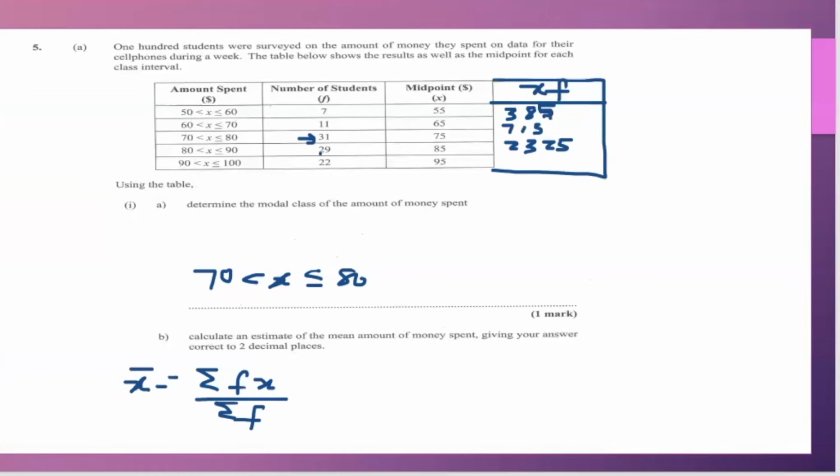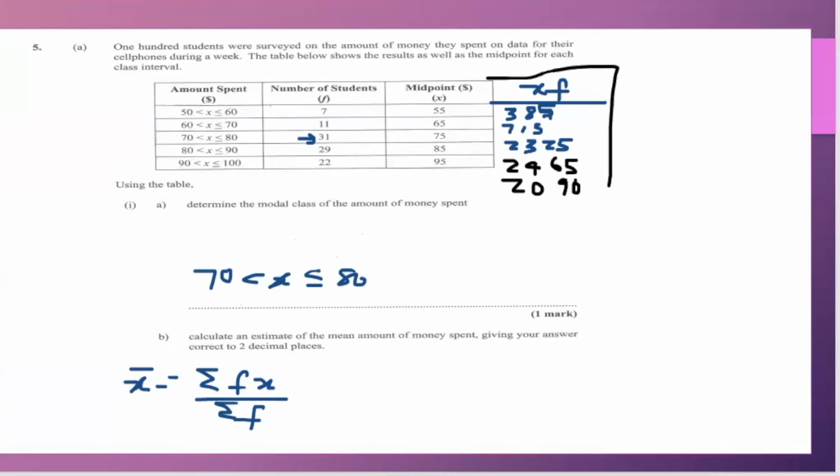Then I'll have 29 times 85. Let me just readjust my table. So I have 29 times 85. That will give me 2,465. And then I will have the final one, 22 times 95, and that will give me 2090.